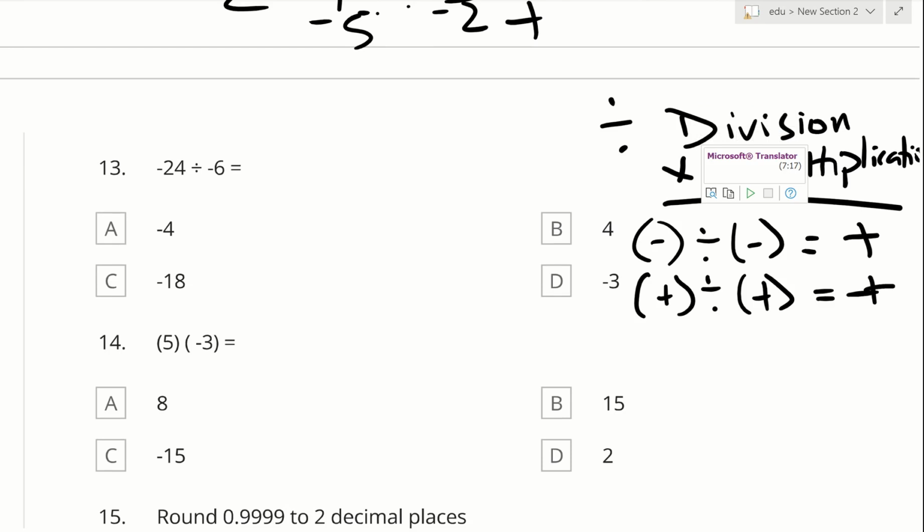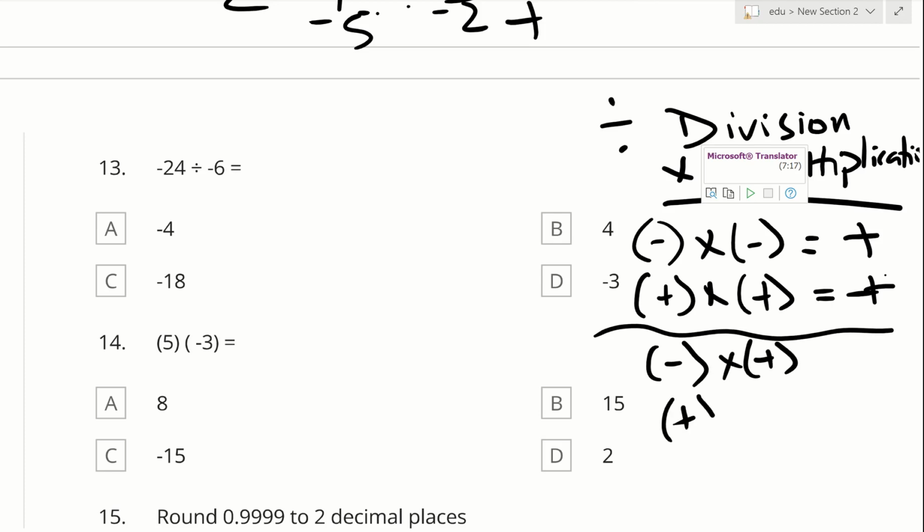So if it's the same sign, it doesn't matter if it's division or multiplication, the answer is going to be positive. If it's a different sign, a negative times a positive or a positive times a negative, my answer is going to be negative. Or even if it was division, the same thing.